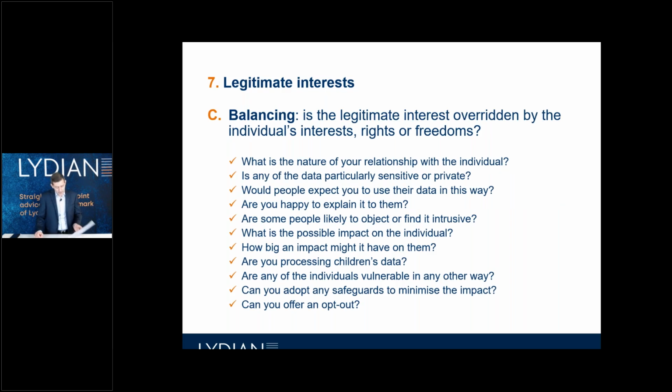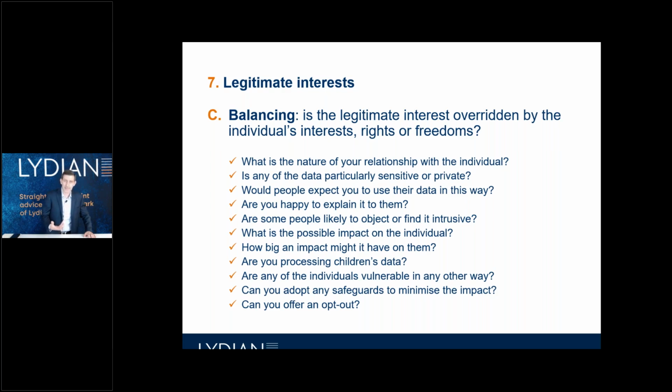And then the balancing test is where you balance the interests that you have identified of the company with, on the other hand, the interests of the data subjects and the rights and freedoms of the data subjects. And there again, a number of questions are to be answered. What is the nature of your relationship with the individual? Very importantly, what are the expectations of the data subject?